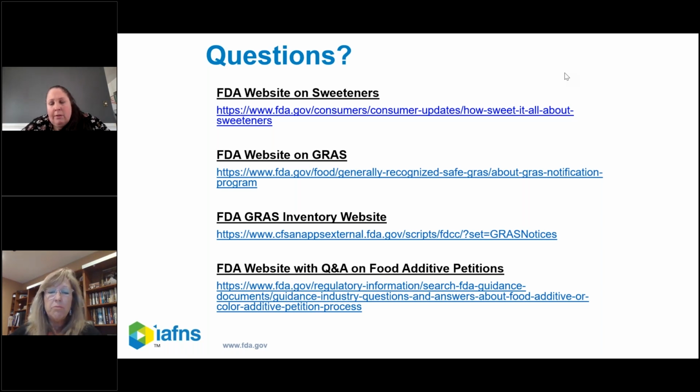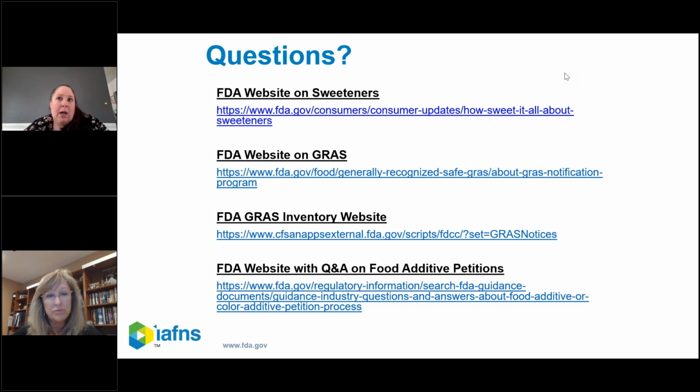Okay, and then you also mentioned the intended use of these ingredients. The ingredient itself isn't approved, it's the intended use. So how does FDA consider combinations of sweeteners? When more than one sweetener is used, does that necessitate a new GRAS or food additive petition application? So that's interesting. FDA does not consider mixtures at all when we are looking at food ingredients.